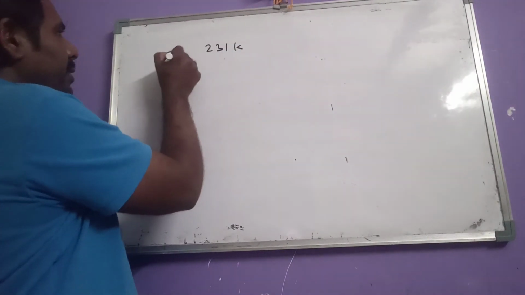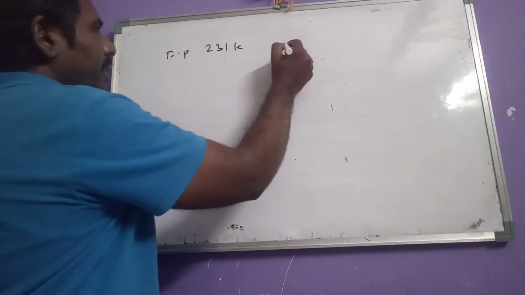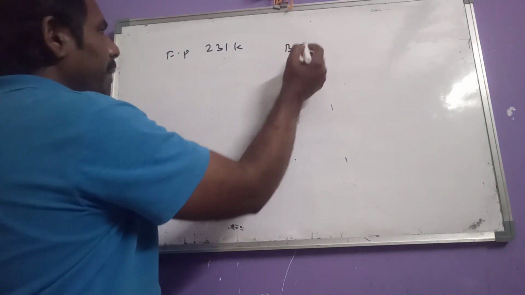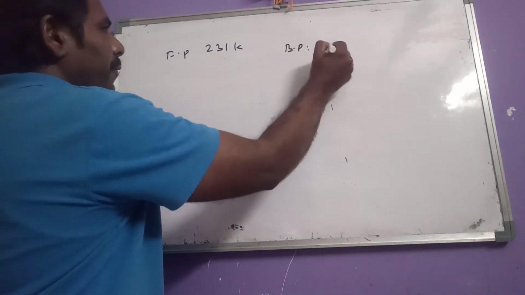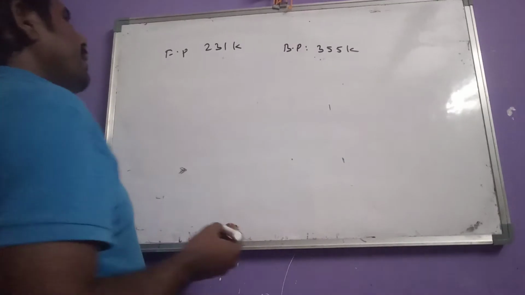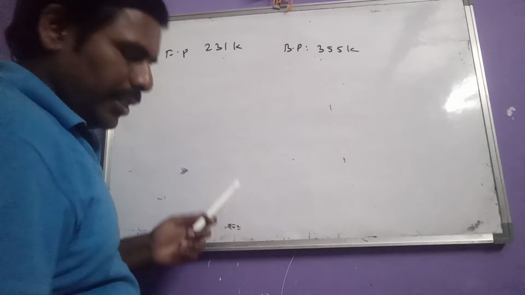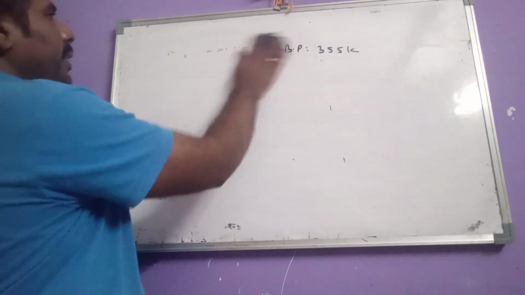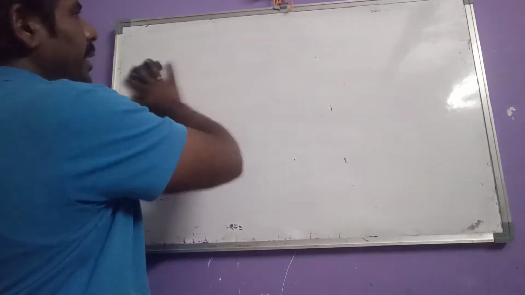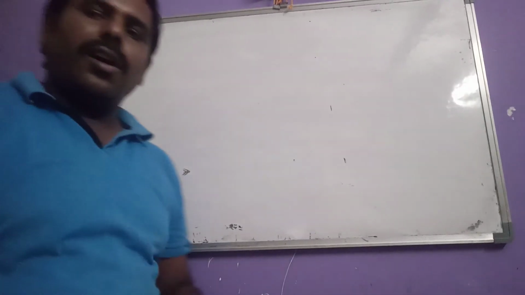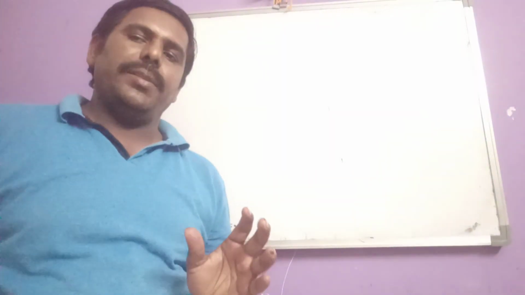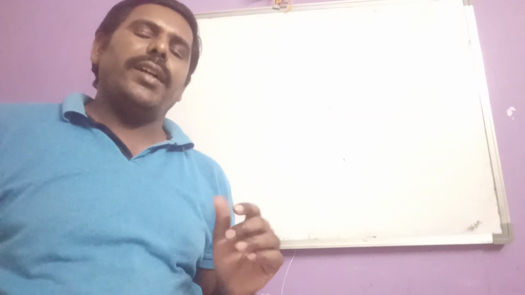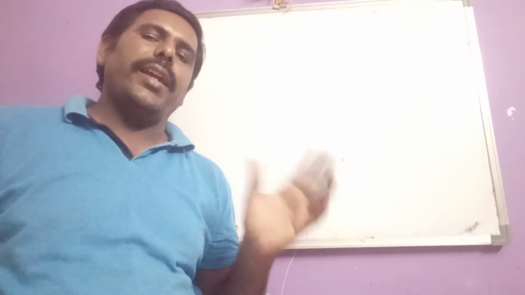This is the freezing point. And what is its boiling point? That is 355 Kelvin. So these are the freezing point and boiling point of nitric acid HNO3. And it acts as a strong oxidizing agent.